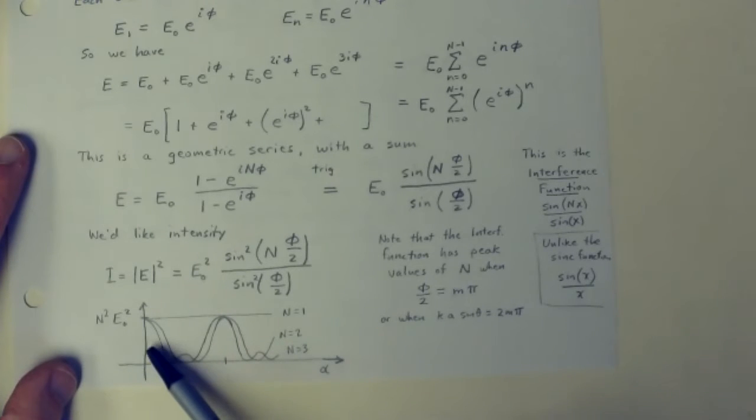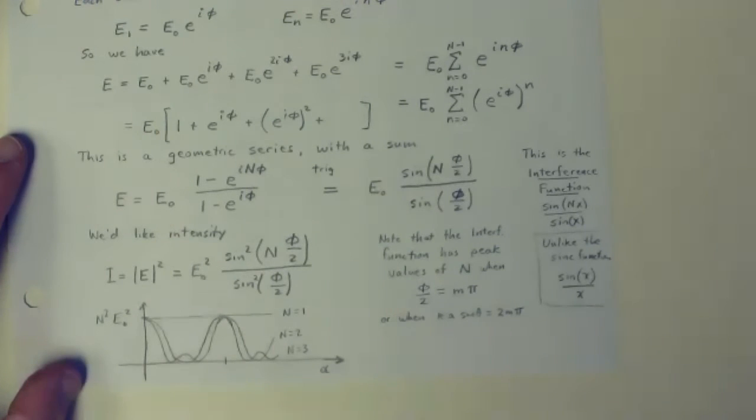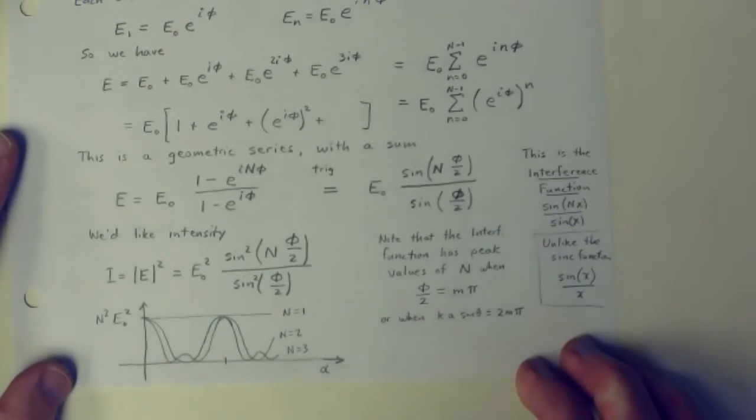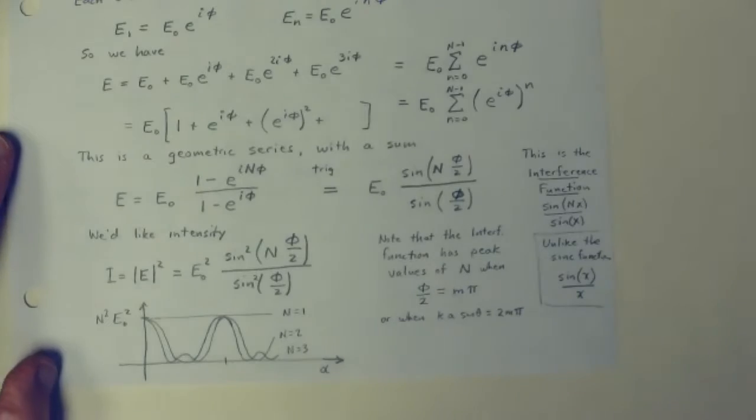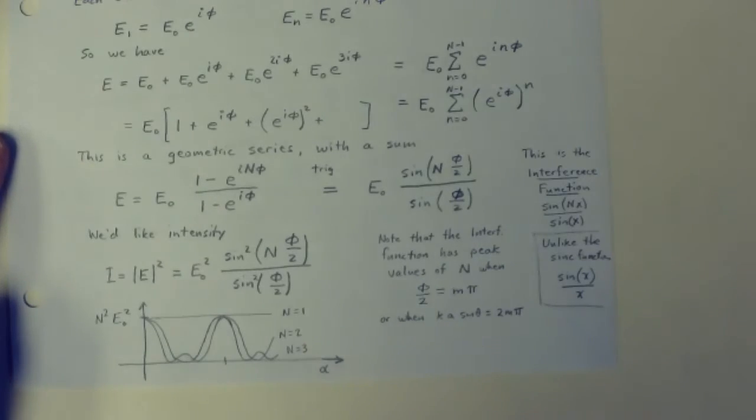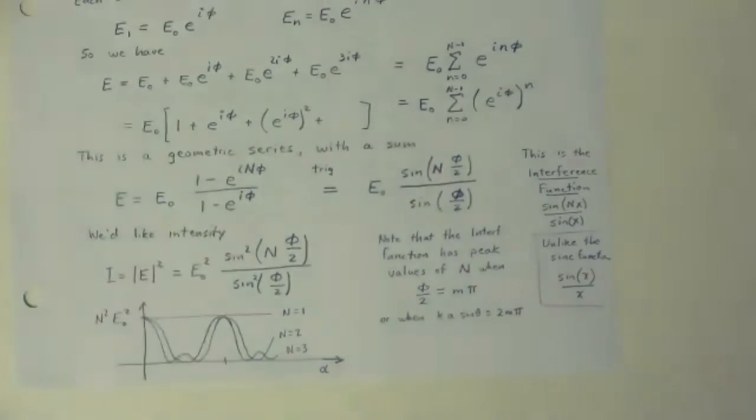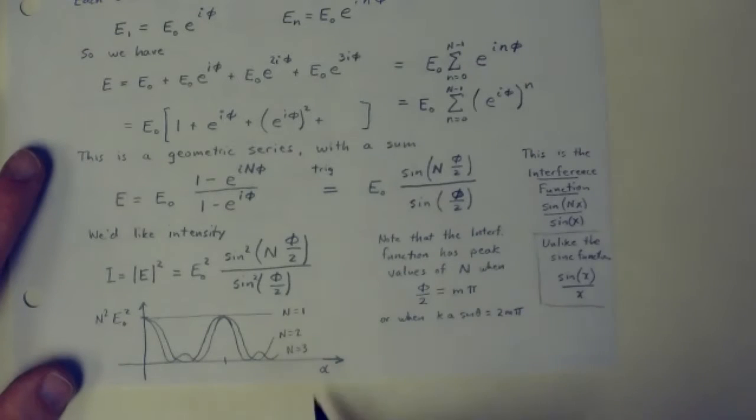N equals 3 has one little bump. You have a big bump and then one little bump. And after that, you get little bumps between the big ones, little peaks between the big peaks. And there are 2 fewer little peaks than the number of slits, than the capital N. So here's n equals 3. 3 minus 2 is 1.